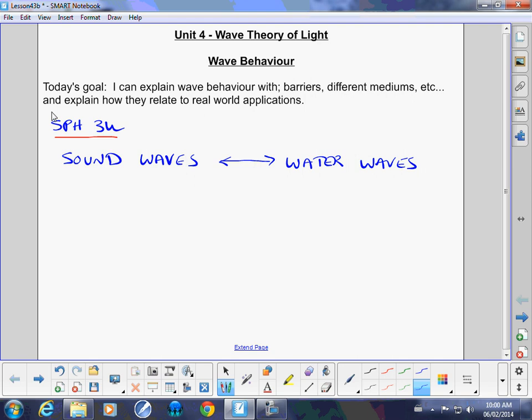All right, so some of the things that we talked about with sound waves, if you recall, is the general structure of the wave, and this is the more useful form that we're going to be following through. In this particular wave, we have a couple of things that are very important for us this year. We have our crest and our trough.